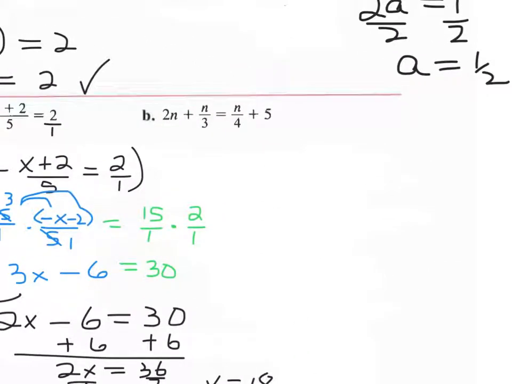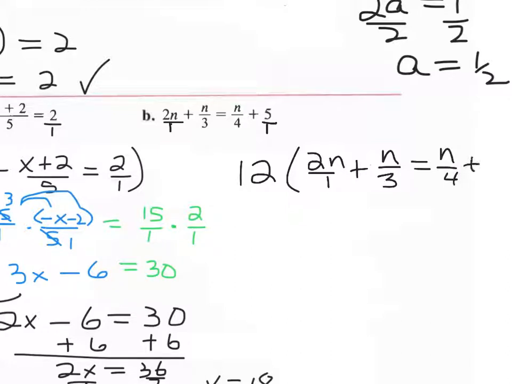B, again, I need to find a common denominator. And again, remember, I could put 1s underneath here. So my common denominator here is going to be 12. So again, I'm going to multiply my whole equation by 12. So 2n over 1 plus n over 3, n over 4, 5 over, and now distribute it to all 4 pieces.